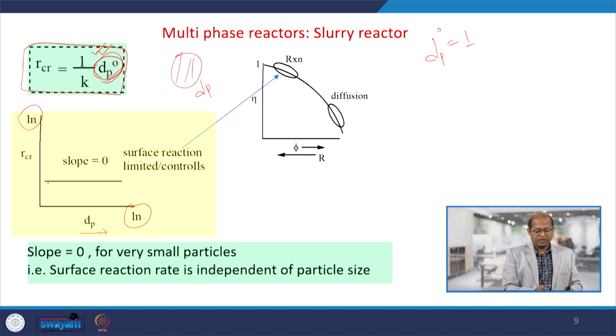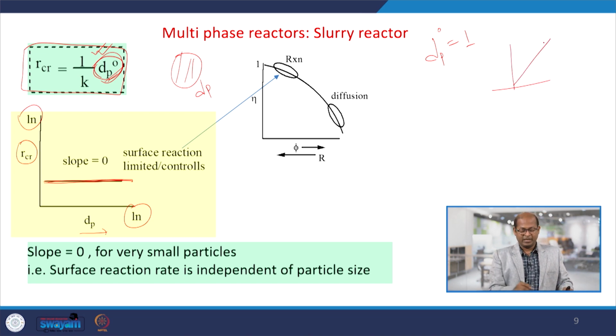Okay. So, here you can see the slope would be 0. This is the RCR, it should actually be this way, but here it is coming 0. So, it is independent of particle size, meaning when the particle size is smaller, surface reaction will control and the effectiveness factor reaches 1.